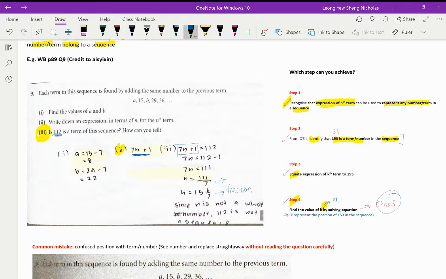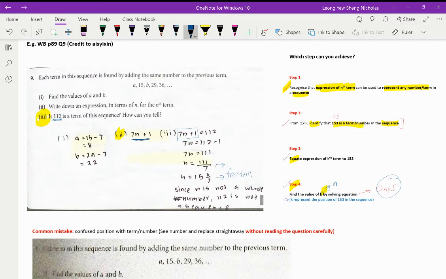Because positions cannot be fractions or decimals. So this means that the number 112 does not belong to this sequence, because this n, which represents the position of a term in a sequence, cannot be a fraction or decimal. So in this case, 112 does not belong to the sequence. This is how you show your working.